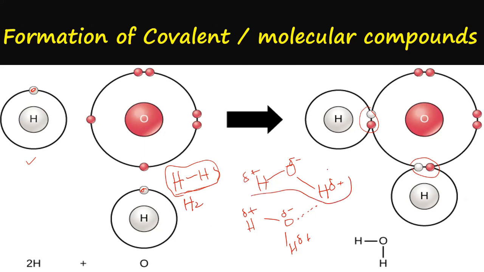Similarly, in the case of water, once the water molecule is formed, it is only weakly attracting other water molecules. That's why it's liquid. If there was no attraction at all, it would be a gas, but it has weak attraction. So there are no lattice or crystal structures in covalent compounds. All right. So once we understand this, let's go to some reasoning questions.